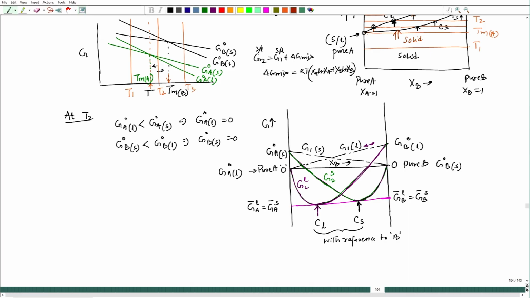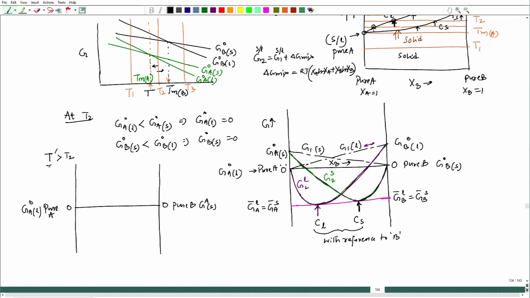If I take it at a higher temperature, this is 0, pure B, pure A, and this is G A naught liquid and this is G A naught solid, at let us say T prime, which is little more than T2, but still in between the 2 melting points.